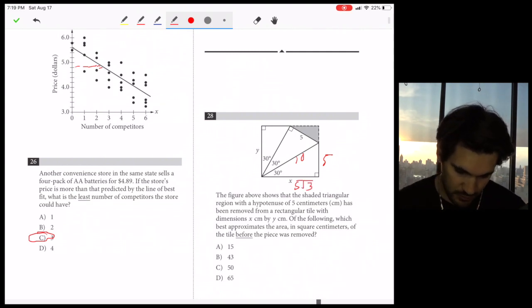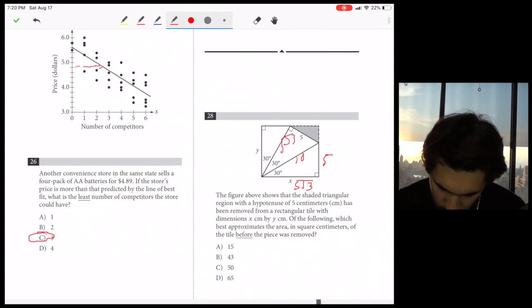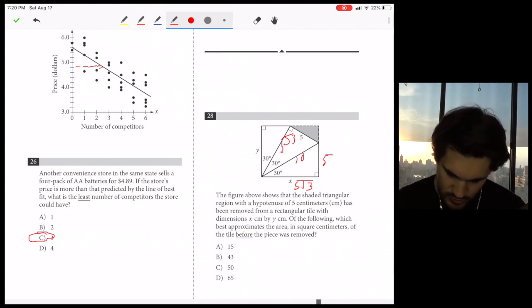So now we can look at the middle triangle. We know that this long side of the middle triangle is going to be 5 root 3. Let's try that again. So this would be 5 root 3. Pardon the handwriting. So we know that this side would be 5 root 3 over 2, because the short side is half of this hypotenuse.